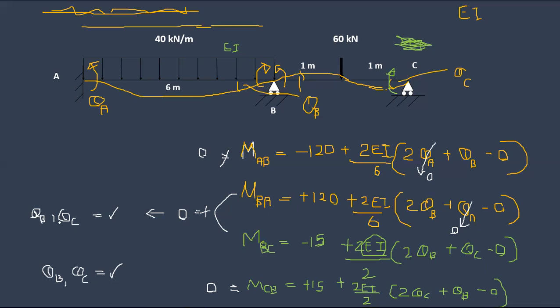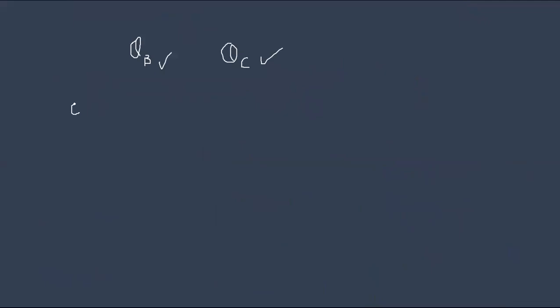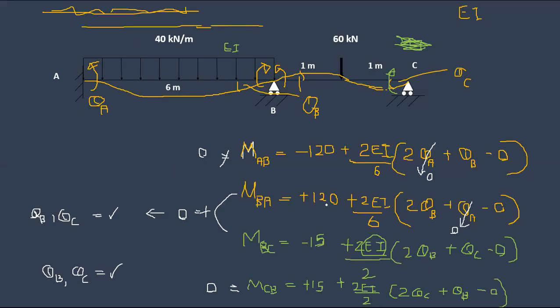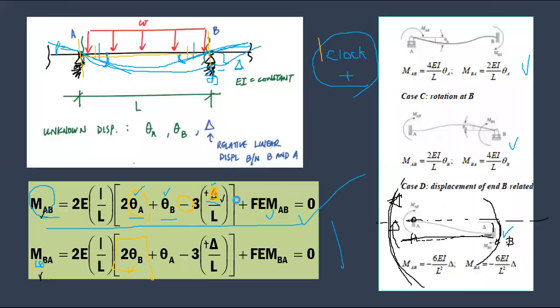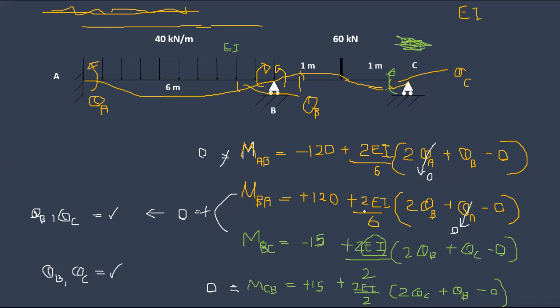So you have two equations and two unknowns, and you can find theta B and theta C, right? So we'll go ahead and find.